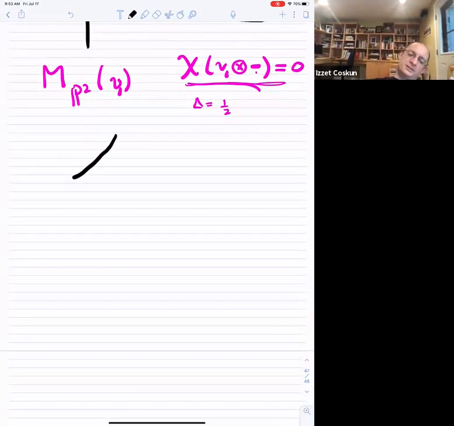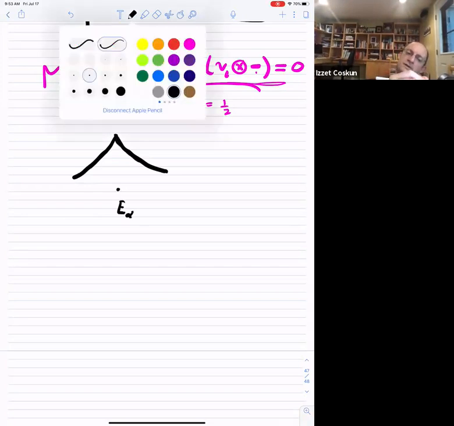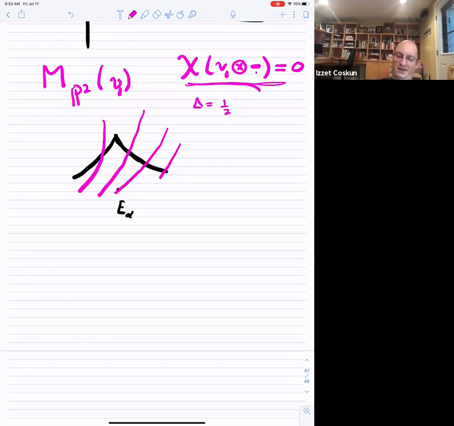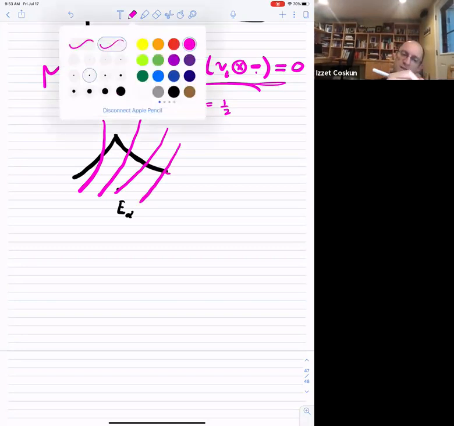So here is the situation. You have some exceptional bundle E alpha here, and you have the peak of the Drezet-Le Potier curve, right? And there are three possibilities for what your parabola can do. It can pass through here, it can pass through here, it can pass through here, or it can pass through here. And now what's the difference between these?